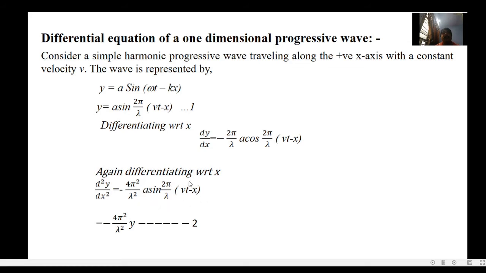Here a sin[(2π/λ)(vt − x)] is replaced by the term y, because we know that y = a sin[(2π/λ)(vt − x)]. Therefore, this expression becomes −(4π²/λ²) y.